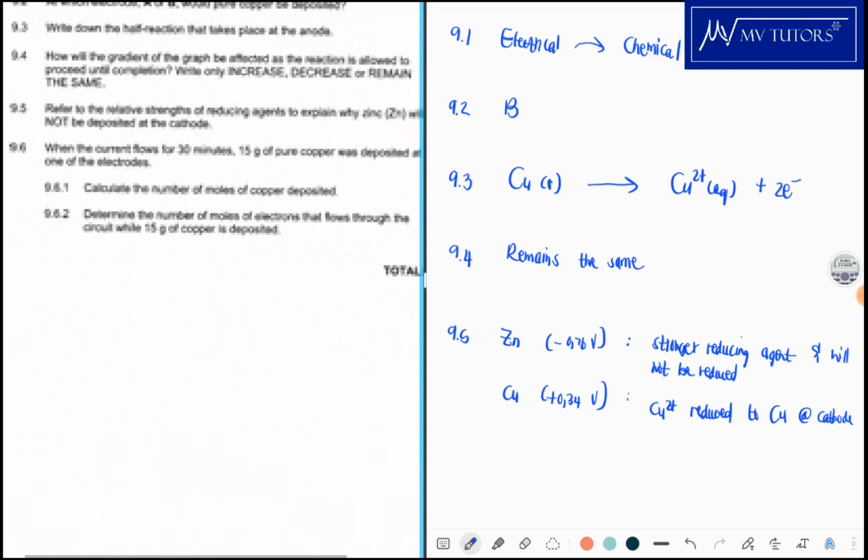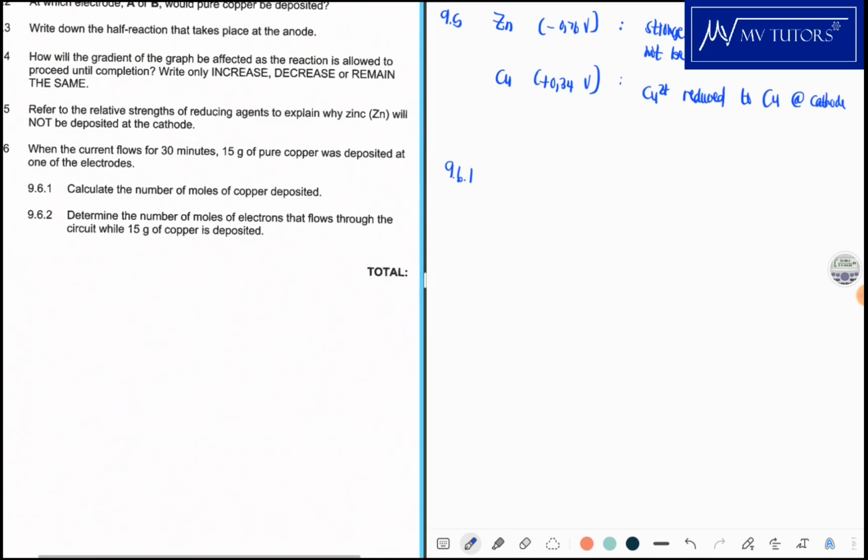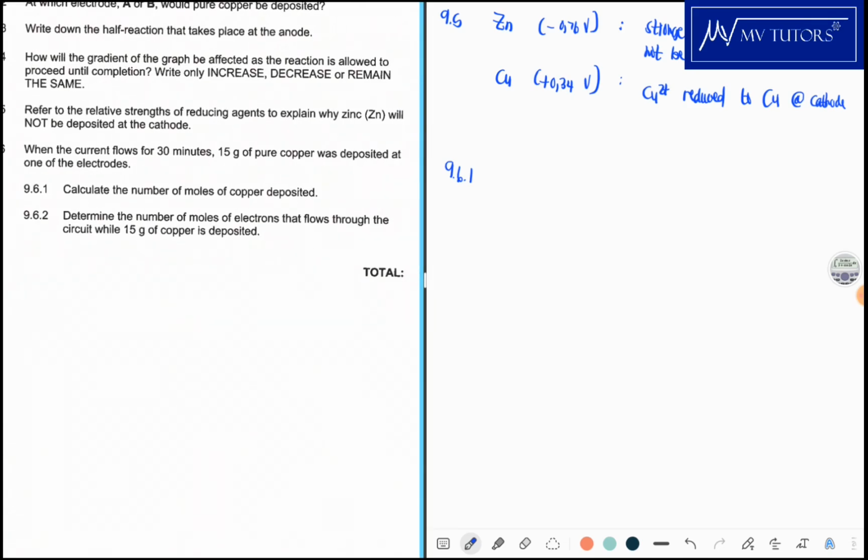And now 9.6, the last question. So 9.6 says, when the current flows for 30 minutes, 15 grams of pure copper was deposited at one of the electrodes. So we know that it is the cathode. Now it says, calculate the number of moles of copper that was deposited. Number of moles for copper is basically the mass over the molar mass.